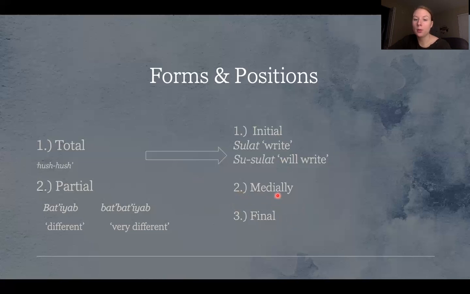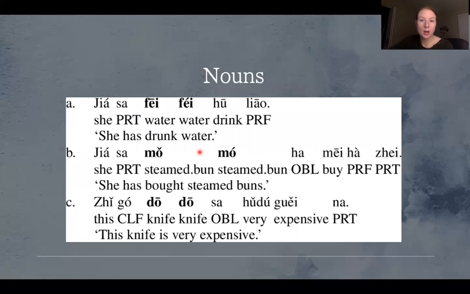Word medially is a little more interesting to see, which I'll show you again in future slides.